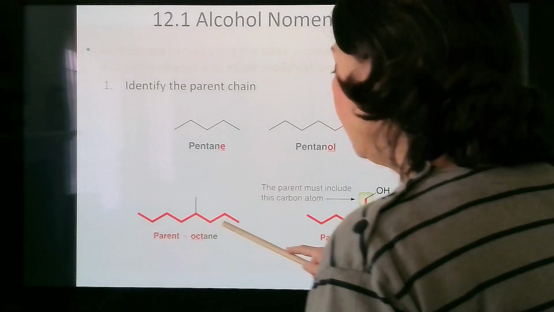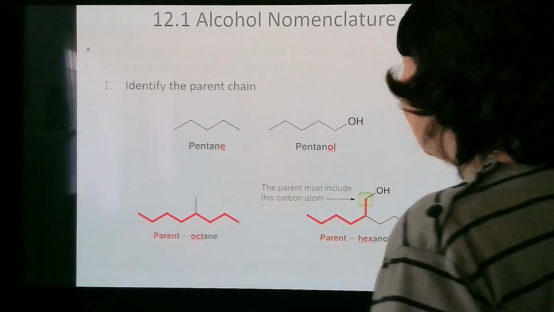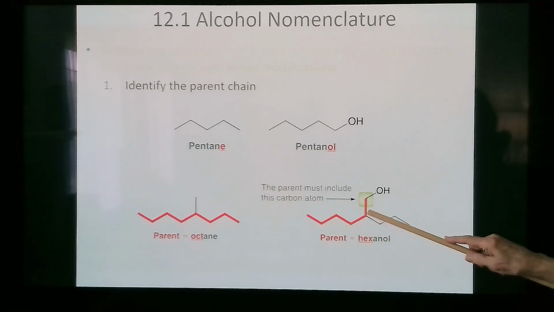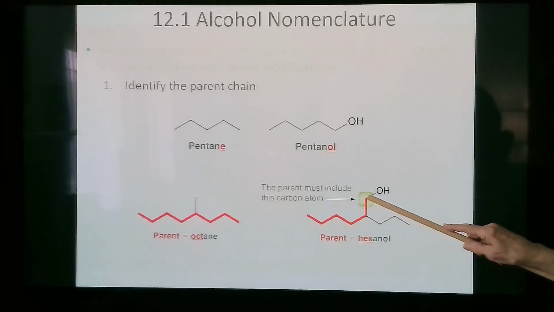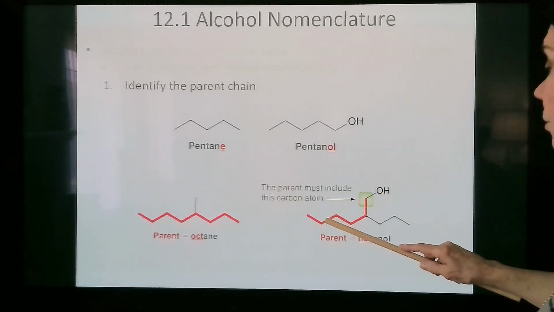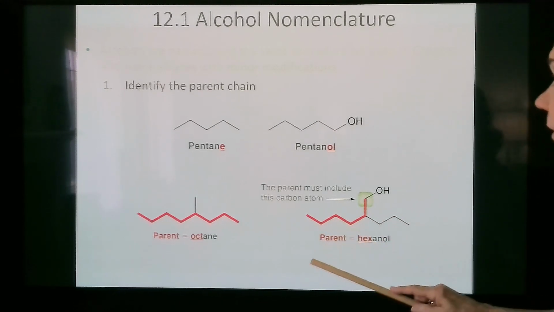Here you can see, once again, you use the longest chain as the parent chain, except if you have a hydroxyl group, the chain must bear the hydroxyl group. So here you would not use the 8-membered alkyl chain.